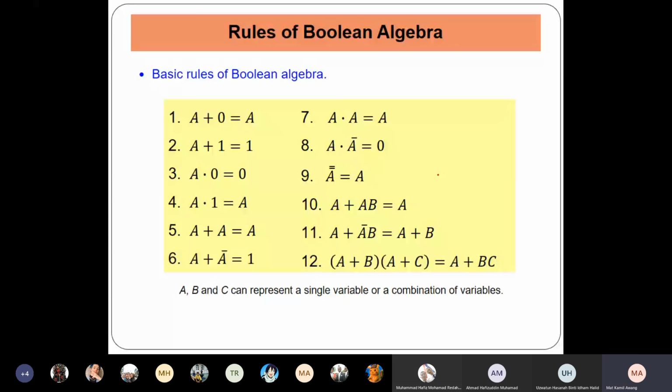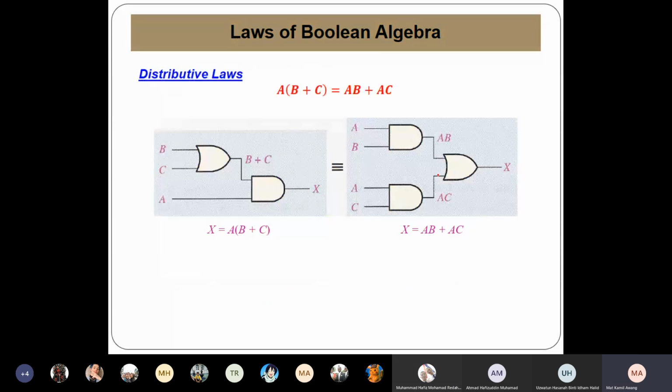Okay. Number 10. A or with A and B is equal to A. How do you do that? You use which law? You use the distributive law.